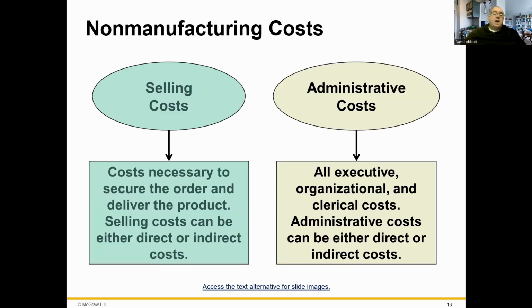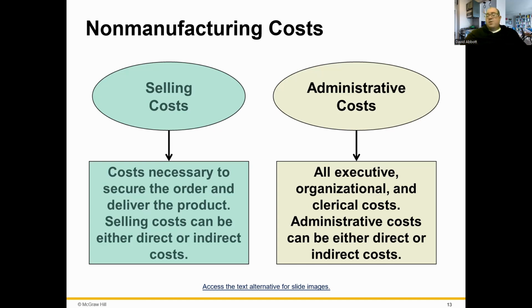Now, we also have other costs that we would be concerned about as well. So we'll have selling costs. Those are costs that are necessary to secure the order and also to deliver the product. And selling costs are neither direct or indirect costs because they are not dealing with manufacturing. They're overhead for the entire business, so S&A, sales and administration costs.